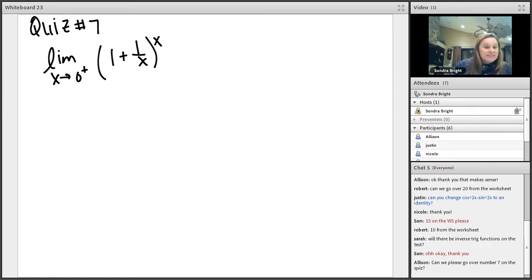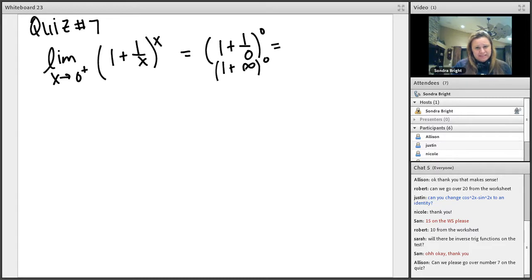It does want me to identify the form though. So when you plug in a 0, you would have a 1 plus 1 over 0 to the 0 power, which is a 1, and then an infinity, and if you take infinity and add a 1 to it it's still infinity. So the indeterminate form that you're going to identify here is infinity to the 0 power.